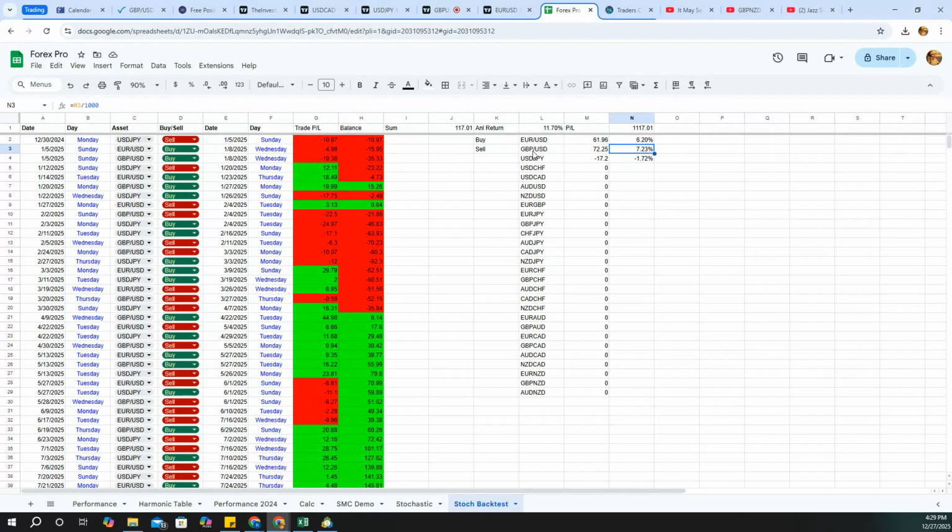So for example, the one I started with is the GBP USD, and the assumed starting capital is $1,000. The GBP USD did 7.2%, which is 7% per annum on that year. And the Euro USD did 6.2%.